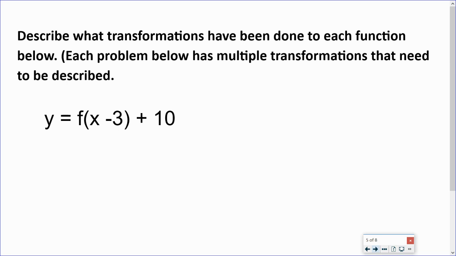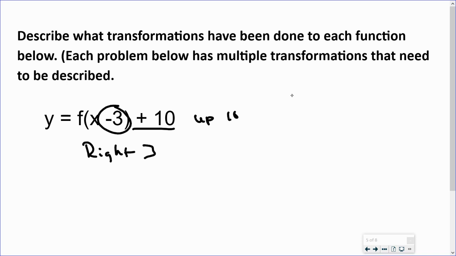So first thing I notice here is I have this here. All right, and this. Okay, nothing being multiplied, no negatives as far as multiplying and changing it. So it's not being stretched and not being reflected. This plus 10 says up 10. And this tells me, now remember, I would think that'd be left, so it'd be right 3.